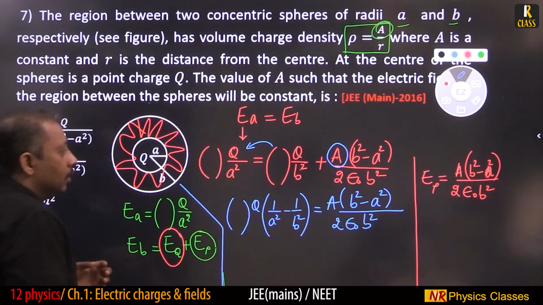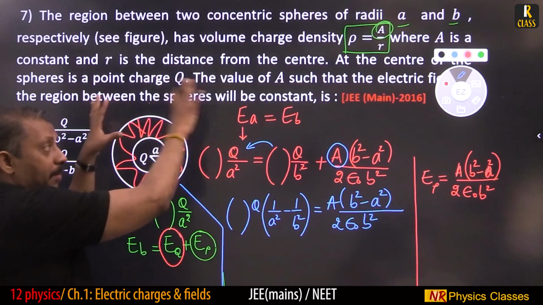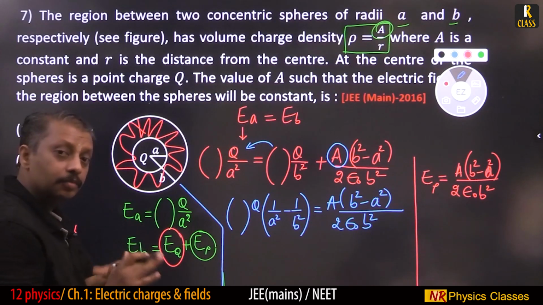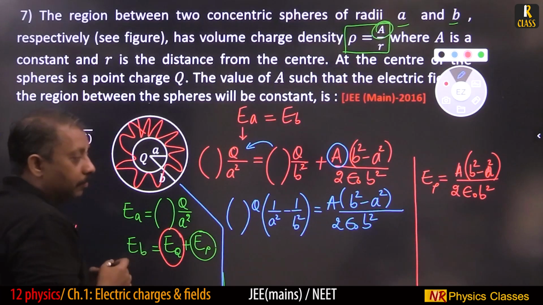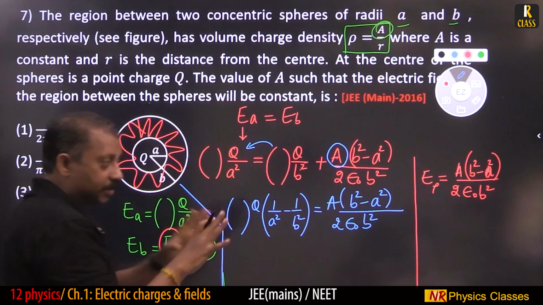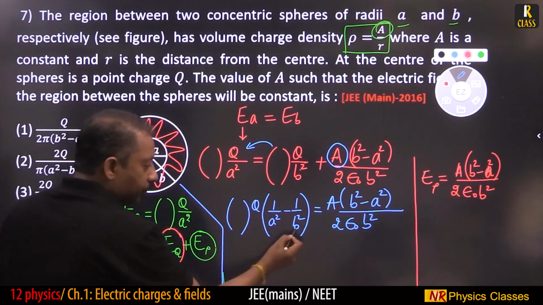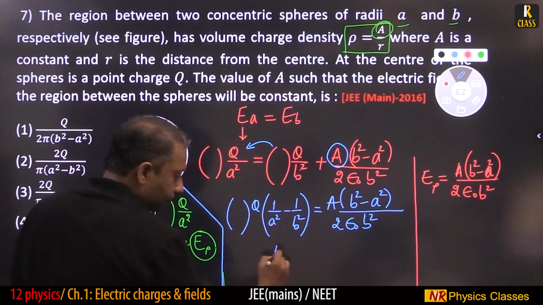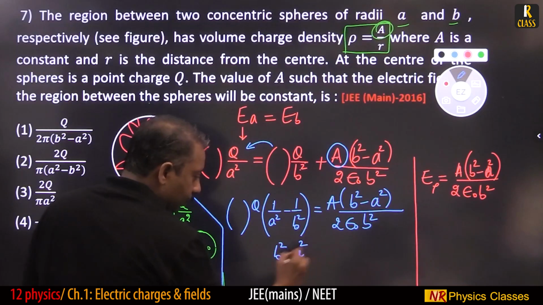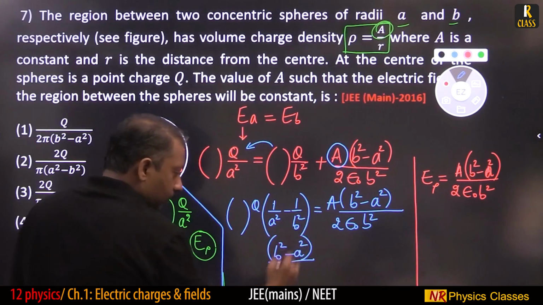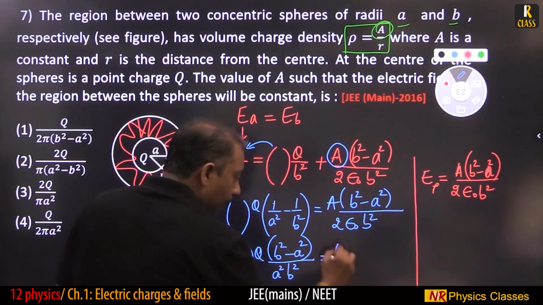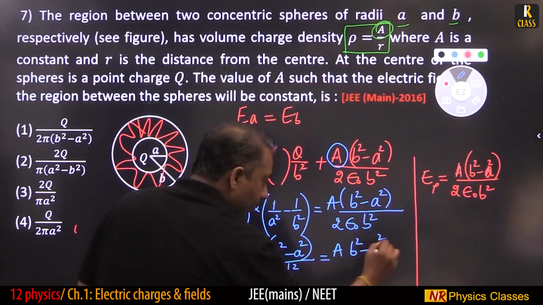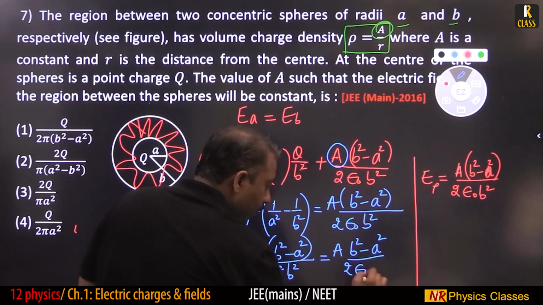Carefully observe, they have arranged the parameters such a way that simplification should be easy. We are going in the right path, since we get all the required equations in between. See, b square minus a square by a square b square. This is constant times q equals a b square minus a square by 2 epsilon naught b square.